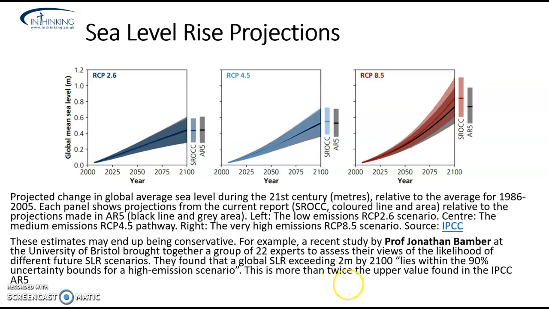And they found that a global sea level rise exceeding 2 meters by 2100 lies within the 90% uncertainty bounds for a high emission scenario. And that's more than twice the upper value seen in this IPCC AR5 measure. So great uncertainty about it, with interesting kind of feedbacks which we don't fully understand.